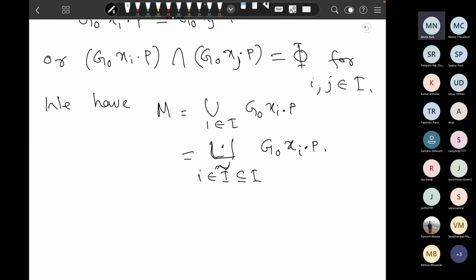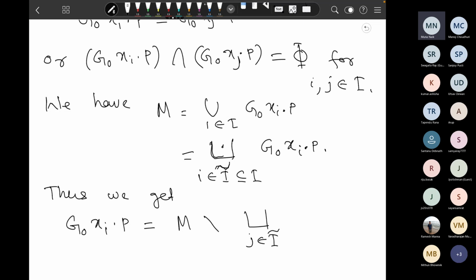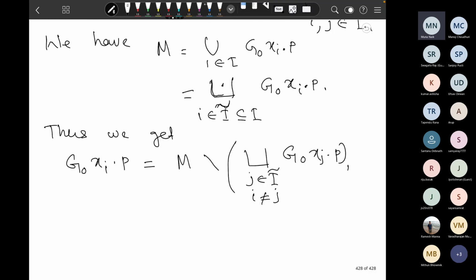Thus G naught xi dot p is really M minus the disjoint union over j belongs to I tilde, j not equal to i, of G naught xj dot p. Here I am taking j from I tilde.